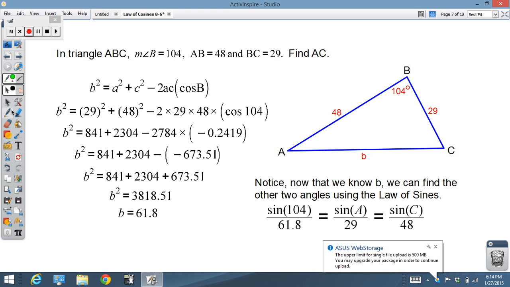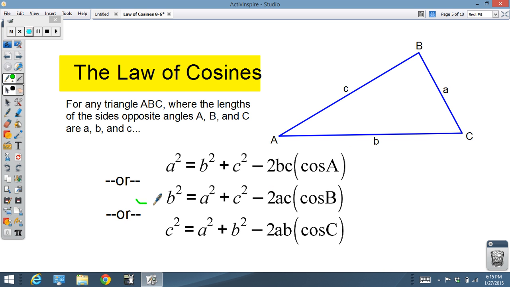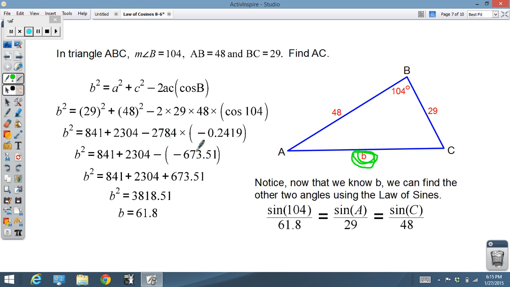Now, because I am looking for side AC, which we have labeled as being the little b here, I'm going to use that second form, this form of the law of cosines, just because it's convenient for the way our program is laid out here, okay?